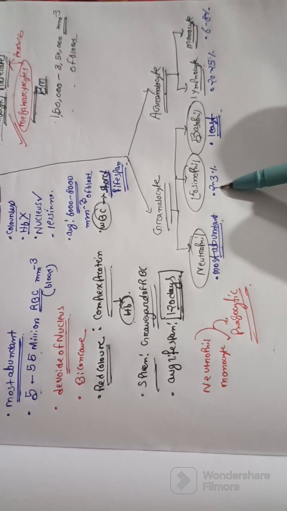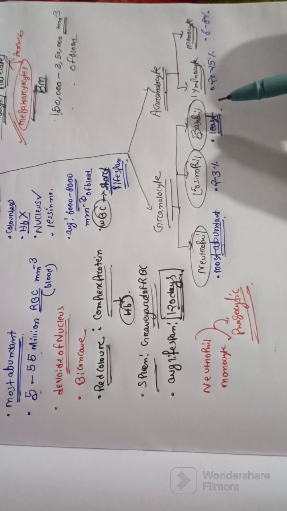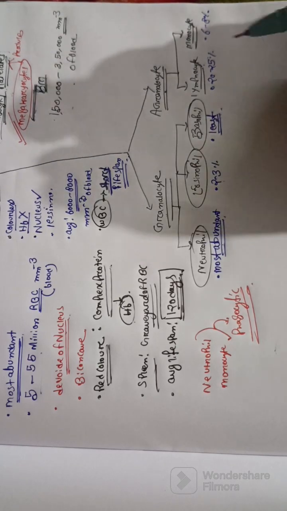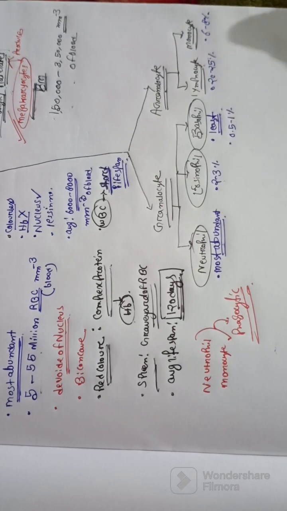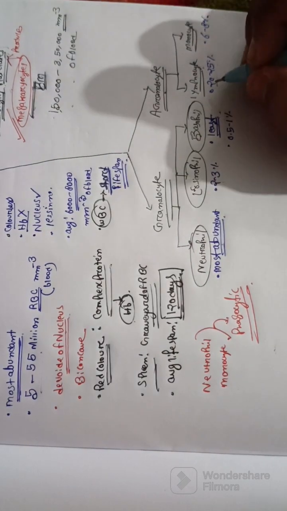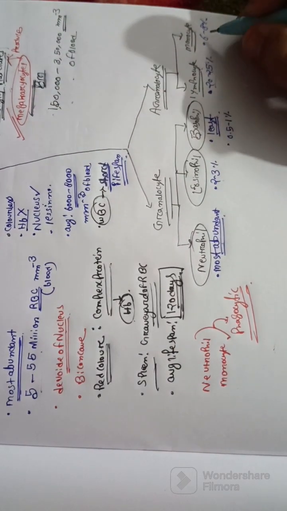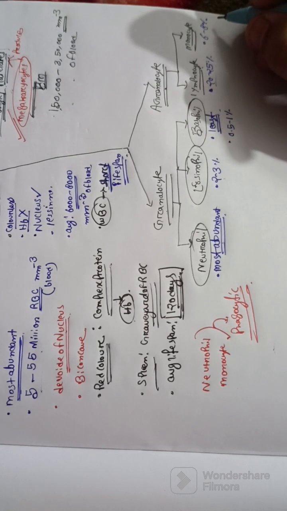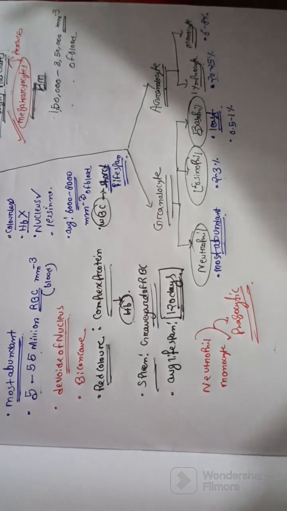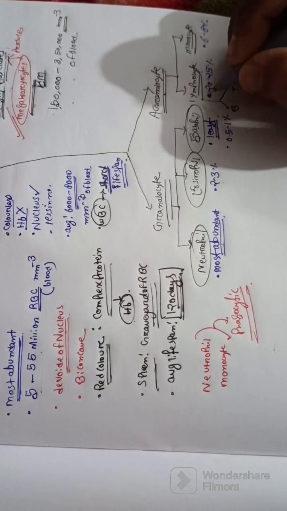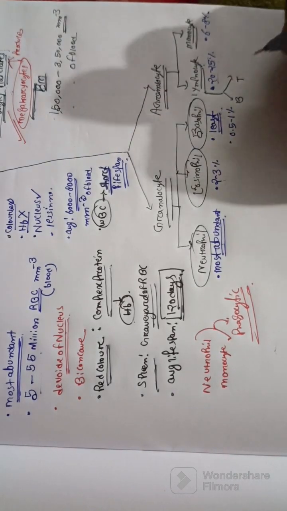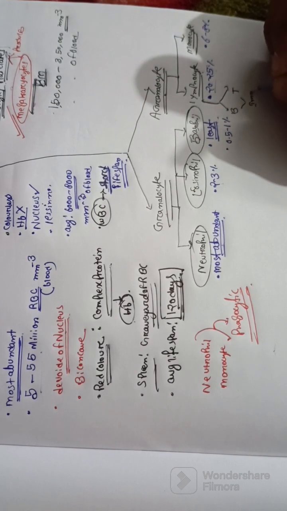Basophils constitute the least portion, which is 0.5 to 1% only. Lymphocytes are classified as B or T lymphocytes, which are responsible for immune response.